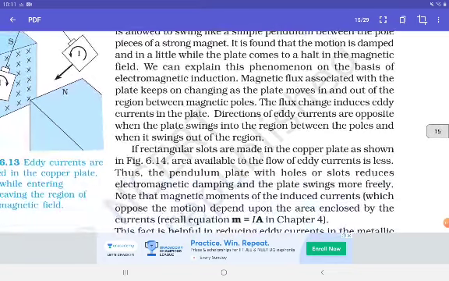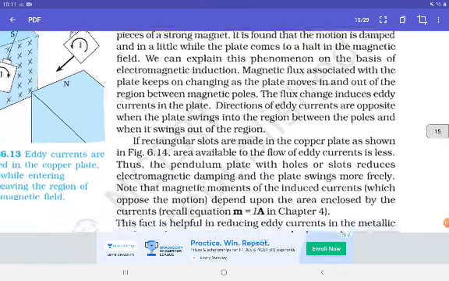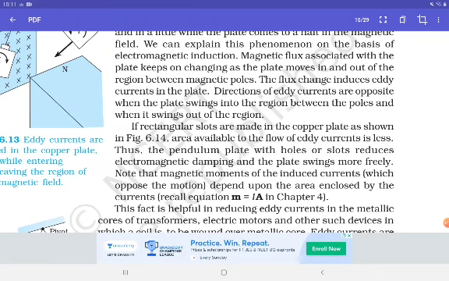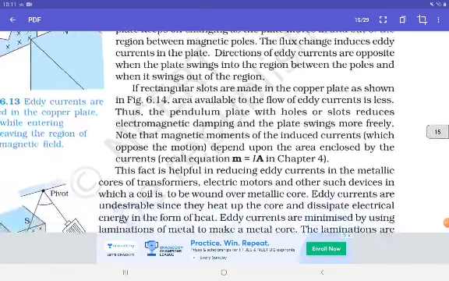If rectangular slots are made in the copper plate as shown in the figure, the area available to the flow of eddy currents is less. Thus, the pendulum plate with holes or slots reduces electromagnetic damping and the plate swings more freely.